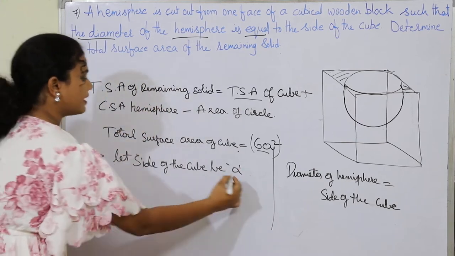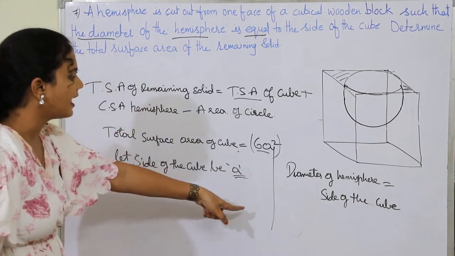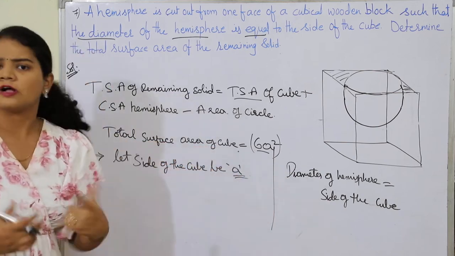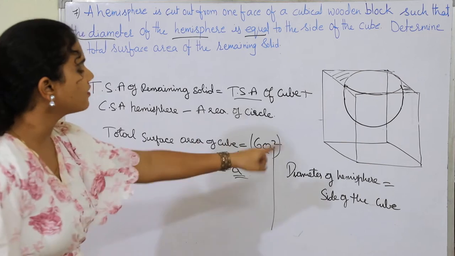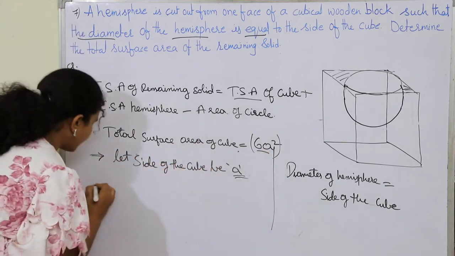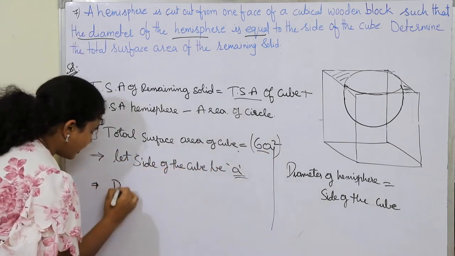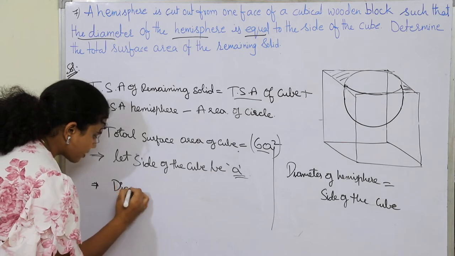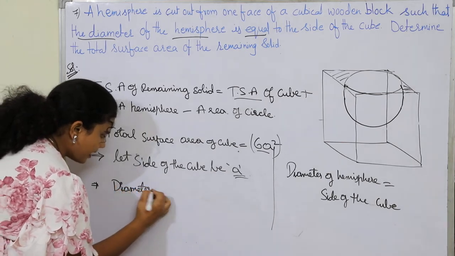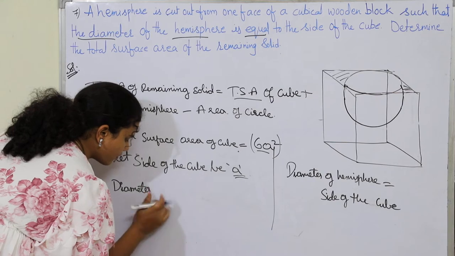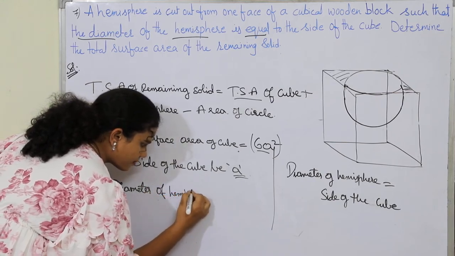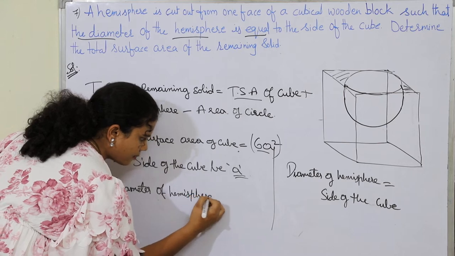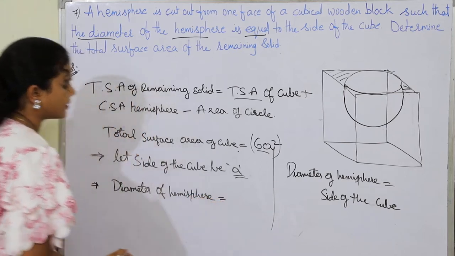If the side of the cube is A, then the diameter of the hemisphere will also be A, right? So the diameter of the hemisphere equals A.